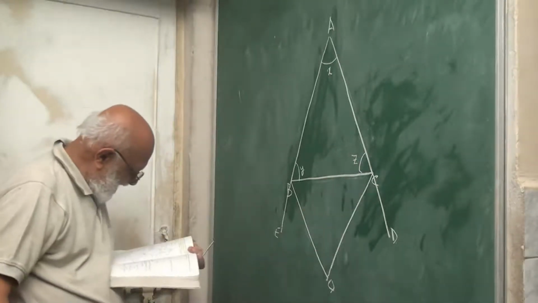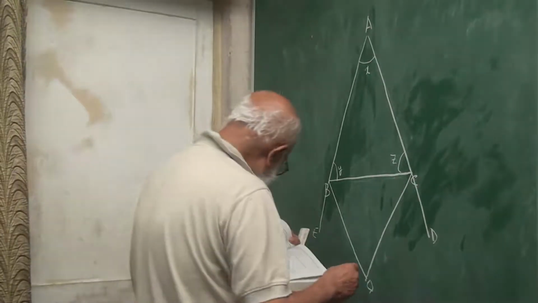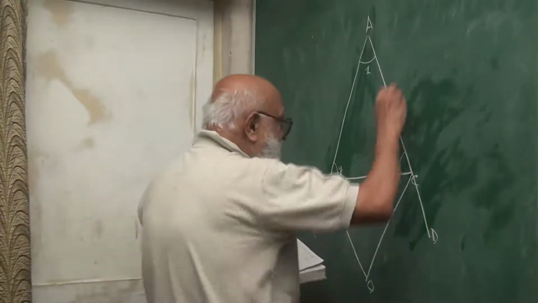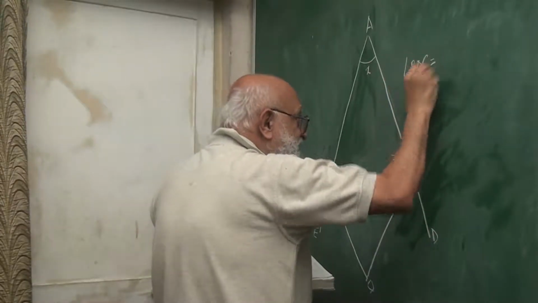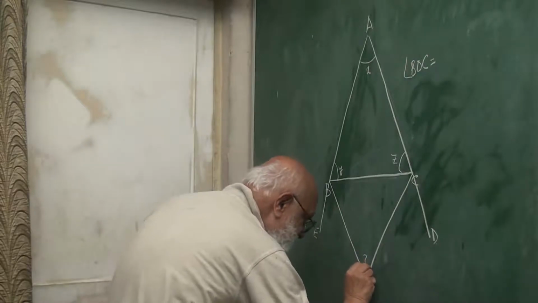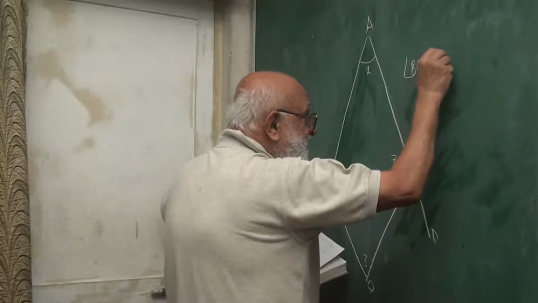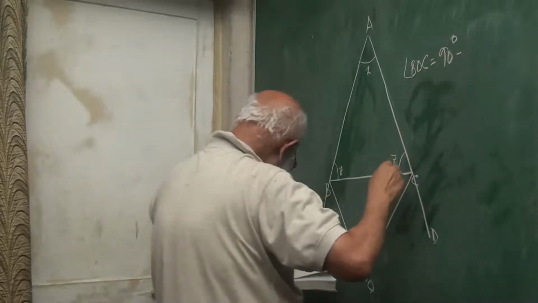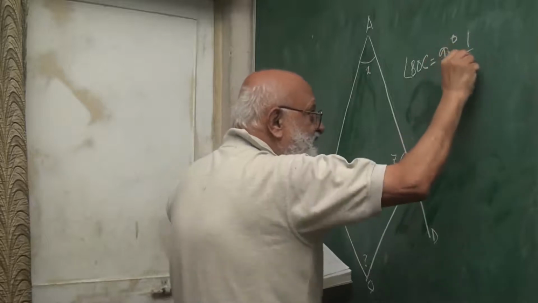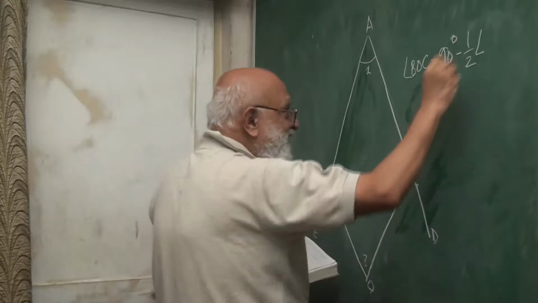And it says prove that angle BOC, which is this angle, is equal to 90 degrees minus half of angle BAC.